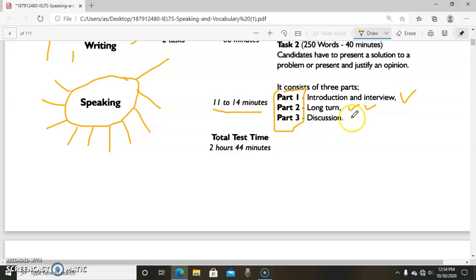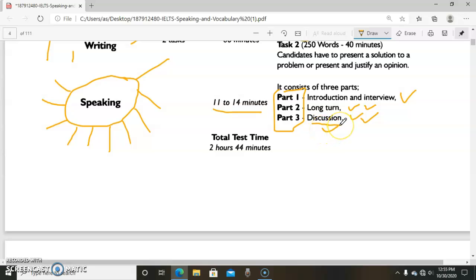Part 3 is a sort of extended conversation, kind of an extended talk, okay? The examiner may give you a topic. The topic may result out of Part 2, and it will be discussed with more elaboration in Part 3. You have to speak on it for a long time, okay?